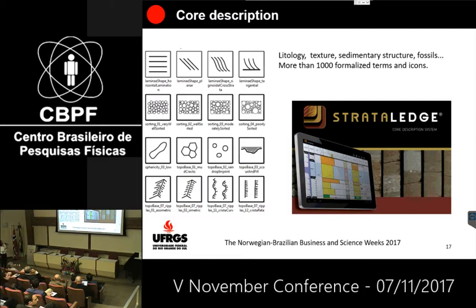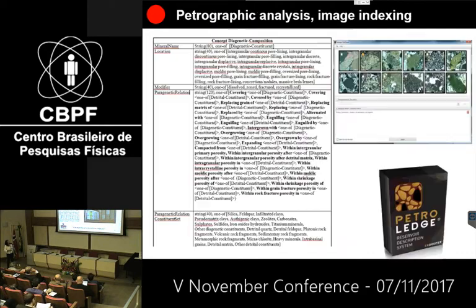So what we have done is to define a large, I can say large, domain ontology about rock properties at macro scale, in core scale, having an icon and the name of the property and the full hierarchy to describe this information. And then we produce a system to capture and to do machine learning over the information.